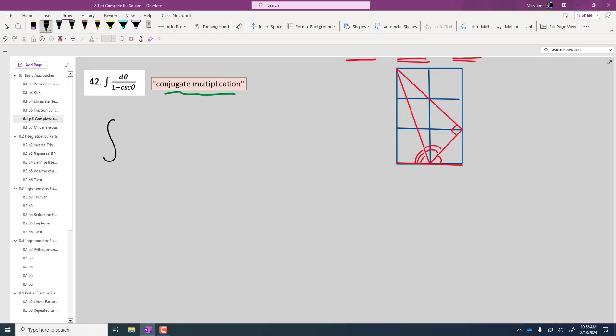Okay, so here's another technique. We know with trig functions, most of our important identities involve trig functions squared. All those Pythagorean identities, the trig functions are all squared. And this denominator has a trig function in it, but it's not squared.